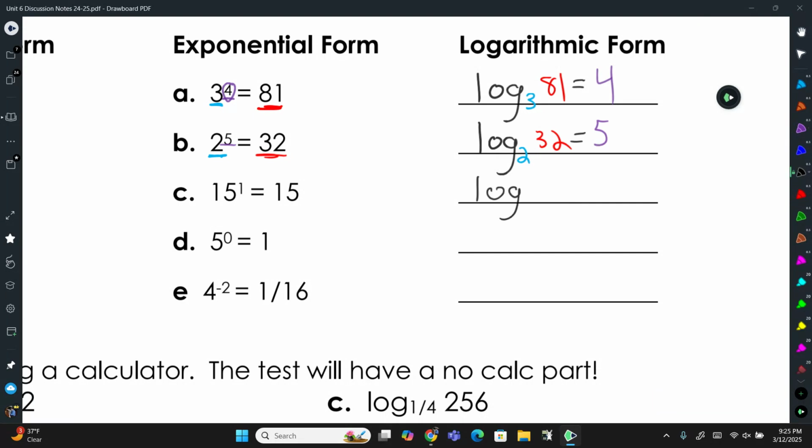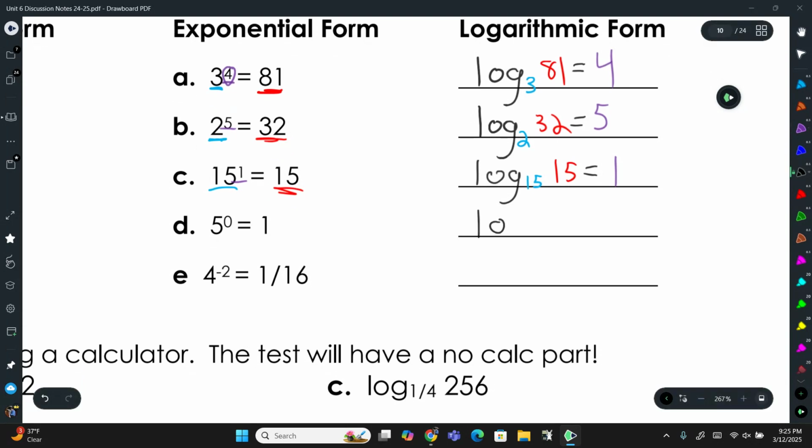So then we have log. Our base is 15. Our other number is 15, and that equals our exponent, which is 1.